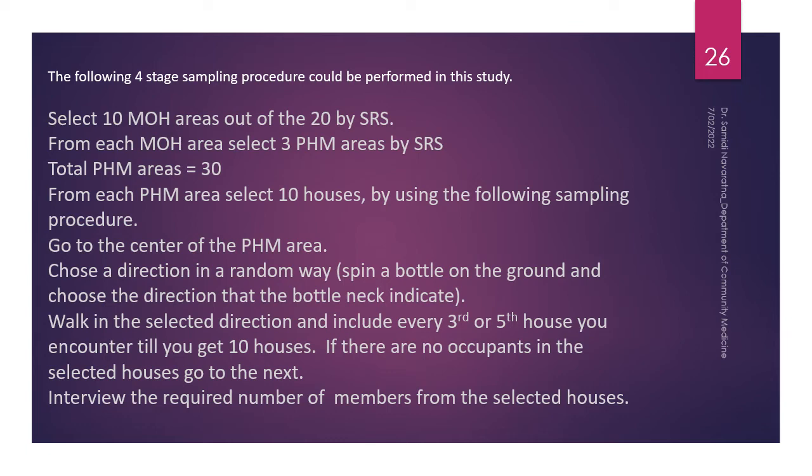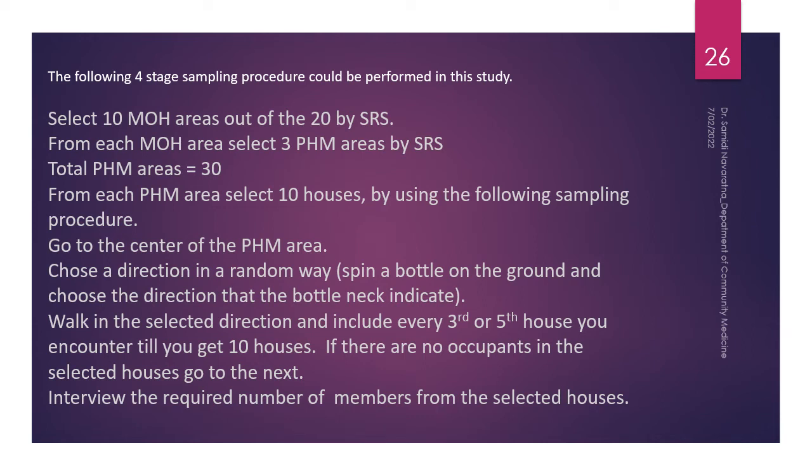So go to maybe a crossroad. Then you can spin a bottle on the ground and choose the direction, or which road you are going to take, and walk in the selected direction and include every 3rd or 5th house you encounter till you get 10 houses.